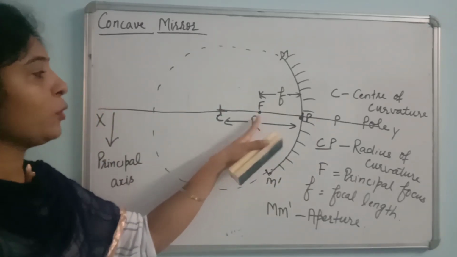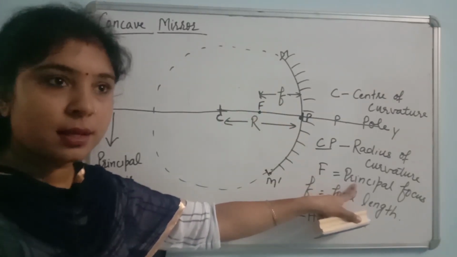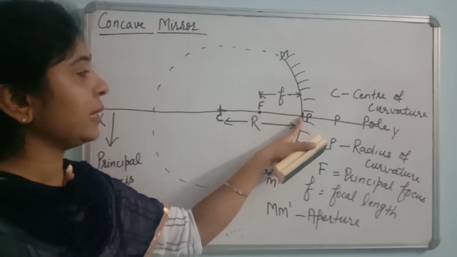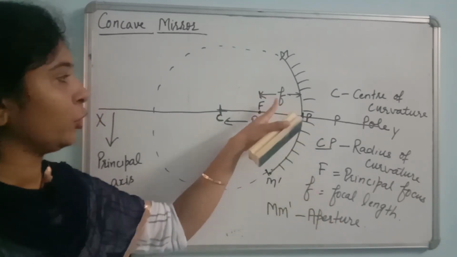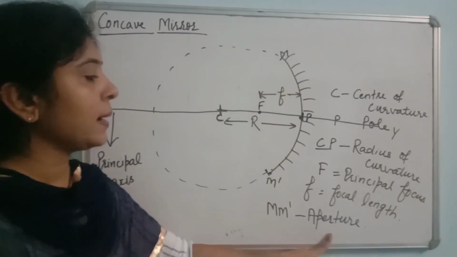The middle point of center and pole is denoted by F and is called principal focus. The distance between this focus and pole is called focal length and denoted by small f. This M dash portion is called aperture.